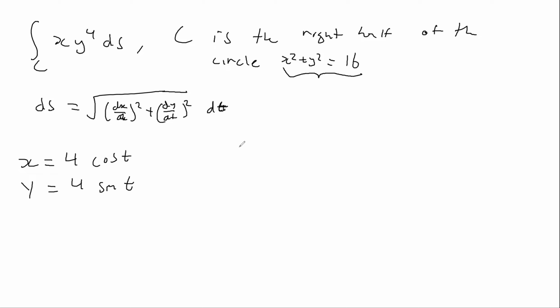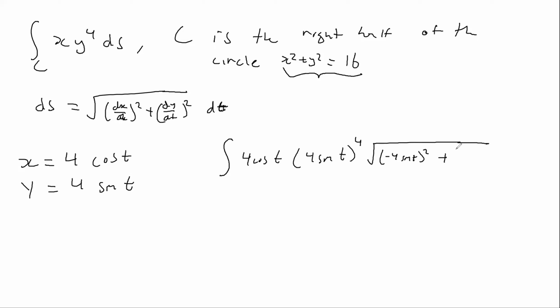So if we sub everything in, it's going to be the integral of 4 cosine t times (4 sine t) to the power of 4, multiplied by the square root of, so dx/dt is negative 4 sine t, squared, plus 4 cosine t squared, times dt.